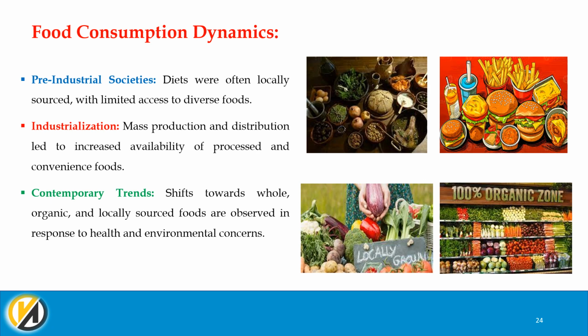And during the industrialization era, there was mass production and distribution which led to increased availability of processed and convenience foods, which is leading people to consume ultra-processed foods, which are considered unhealthy by many nutritionists and affect the health of populations at a higher level. And because of this, there is a high risk of morbidities and mortalities, especially in the developed world.